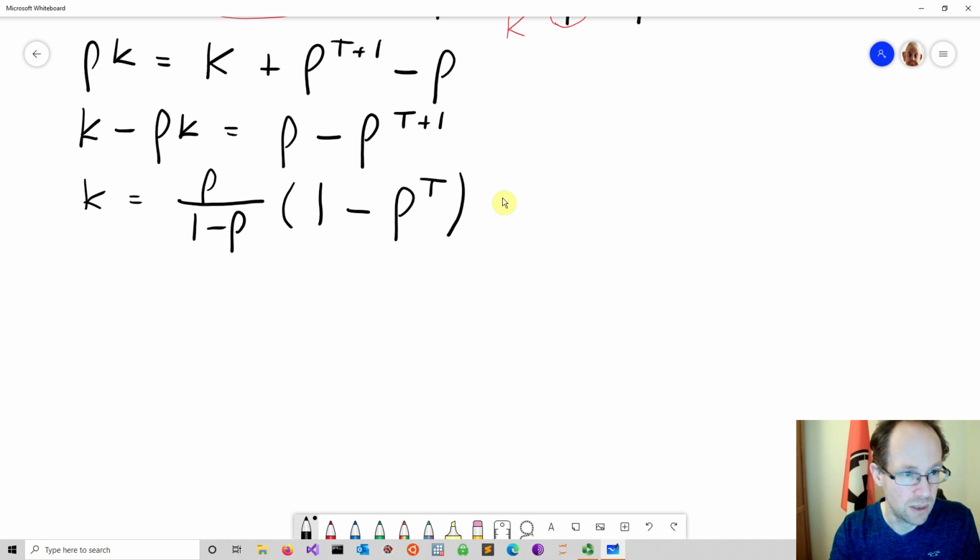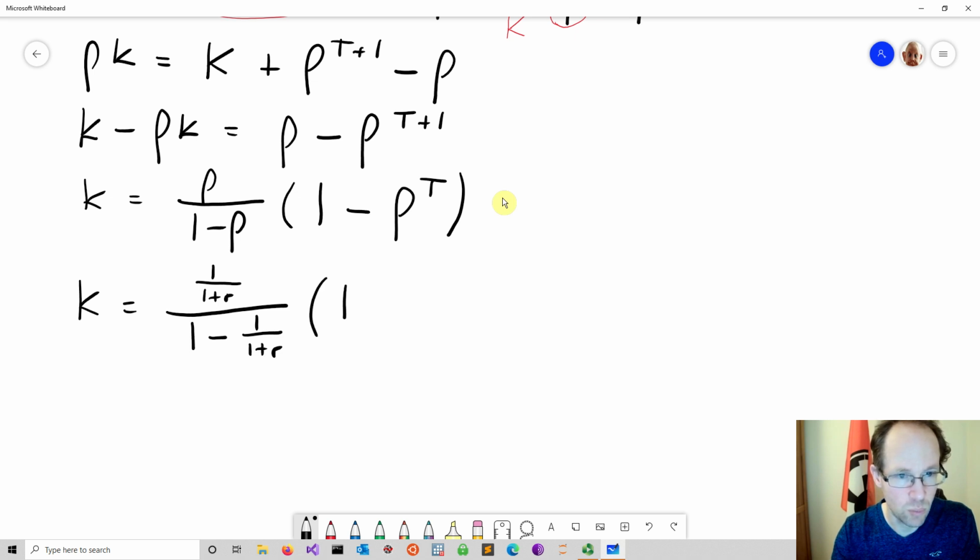So I obtain K equal to 1 divided by 1 plus r, times 1 minus 1 divided by 1 plus r to the power of T, divided by 1 minus 1 divided by 1 plus r. Here we are, we are almost done.